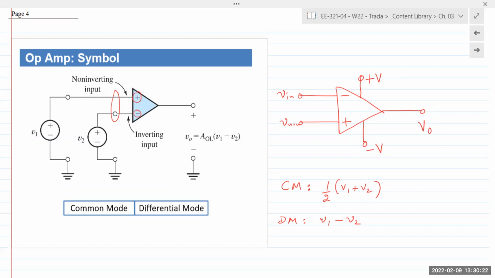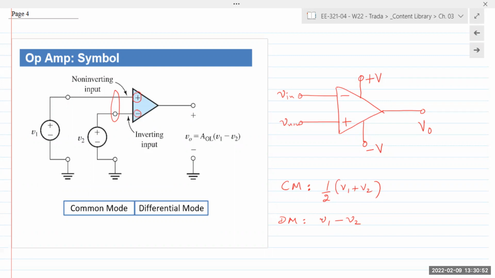Now, if you have two inputs going in, and one of the inputs is held at a fixed level, so that level is known, then we take the incoming signal and compare it to the known level so that we can figure out what level this incoming signal is at. So an application of a comparator, for instance. At that point, the op amp has a difference of input signals going into the terminals.